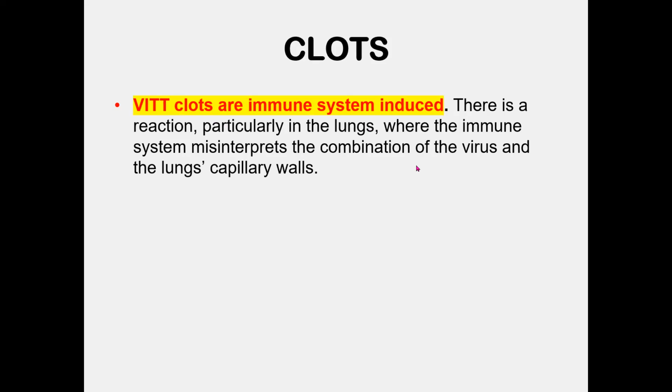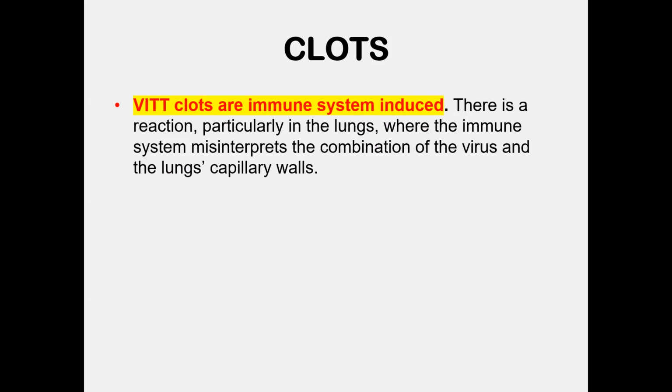These clots are immune system induced. So in the lungs where these clots occur, and there are also clots that go to the brain, but the ones in the lung are where the immune system misinterprets the combination of the virus and the lung's wall.